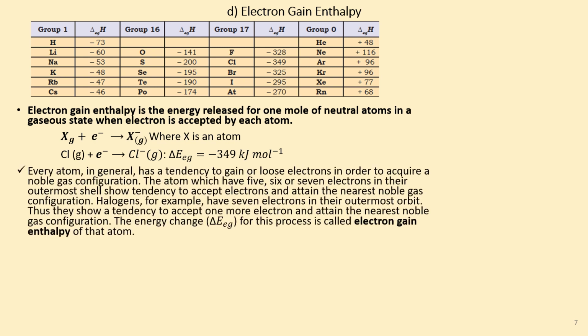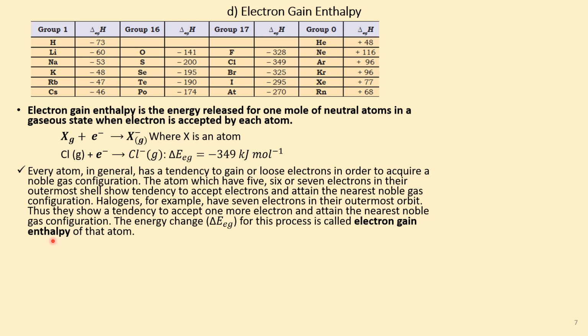Every atom in general has a tendency to gain or lose electrons in order to acquire a noble gas configuration. The atoms which have 5, 6 or 7 electrons in their outermost shell show a tendency to accept electrons and attain the nearest noble gas configuration.